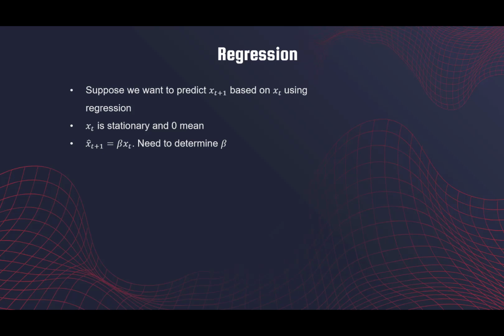So x̂_{t+1}, the predicted value of x_{t+1}, is equal to beta times x_t, and we need to determine beta. This is a linear function of x_t, and I want to find beta to predict x̂_{t+1}.